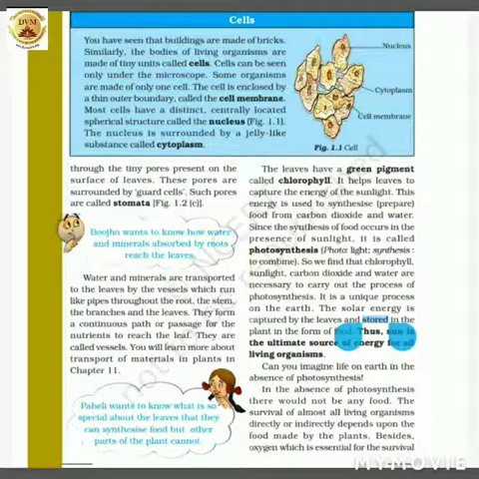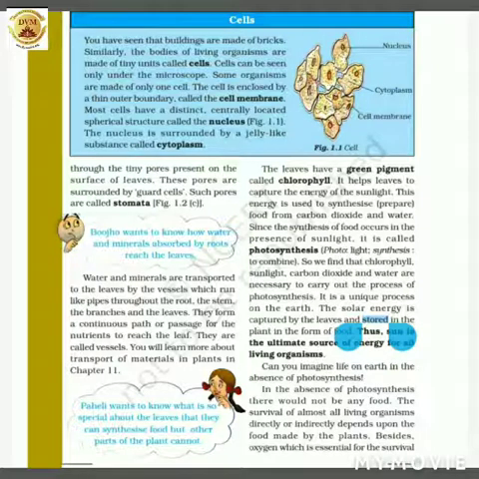These pores are surrounded by guard cells. So what are stomata? Tiny pores present on the surface of the leaves, which help in the exchange of gases, carbon dioxide and oxygen.